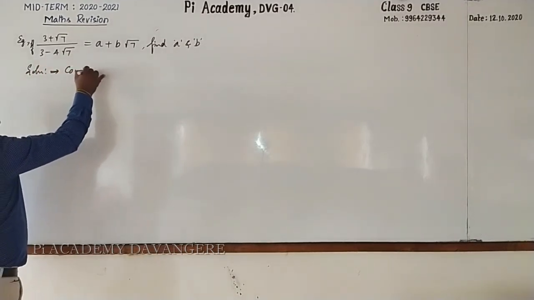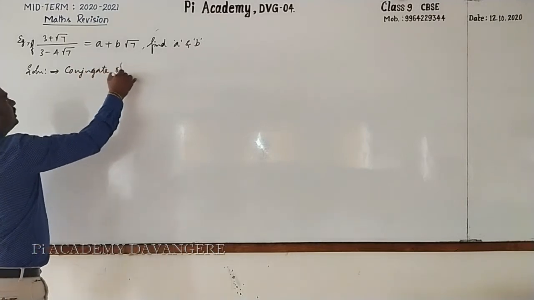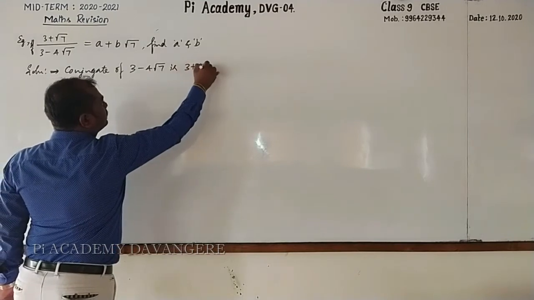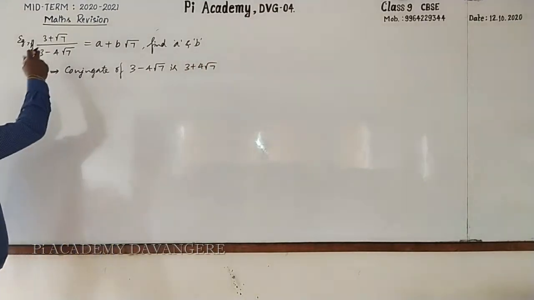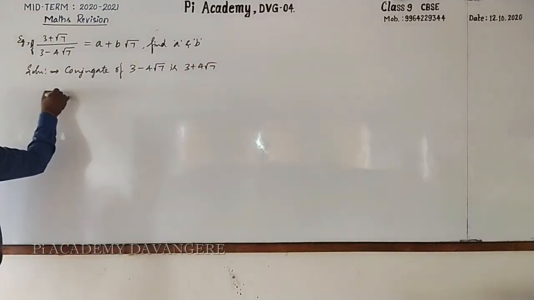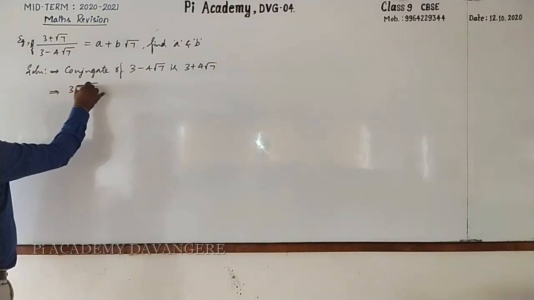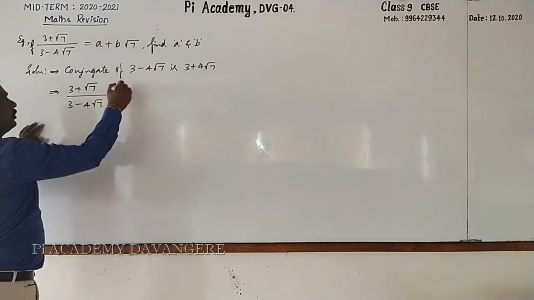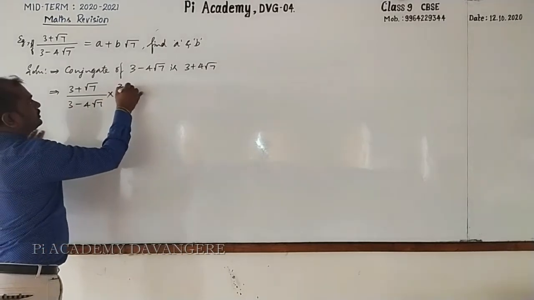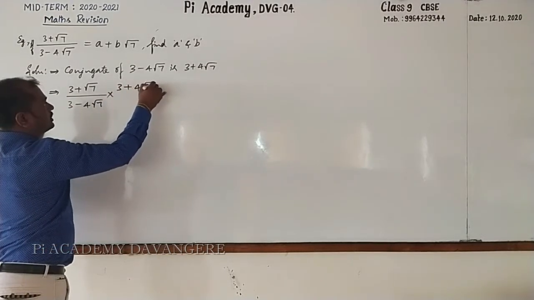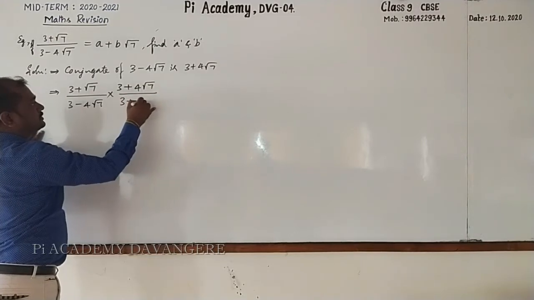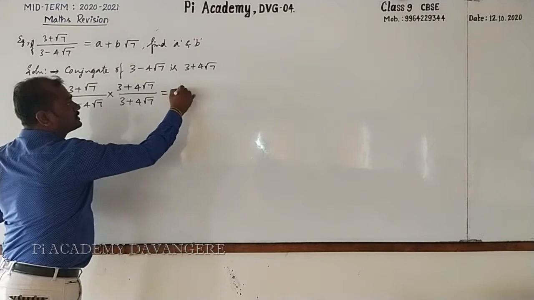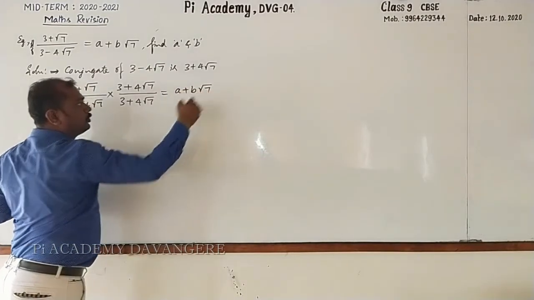First let us take its conjugate. Conjugate of 3 minus 4 root 7 is 3 plus 4 root 7. Multiply this to the numerator and denominator. It is (3 plus root 7) by (3 minus 4 into root 7) into conjugate (3 plus 4 into root 7) by (3 plus 4 into root 7), which is equal to RHS, this is A plus B into root 7.